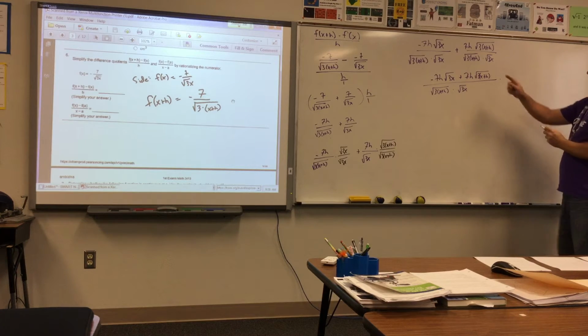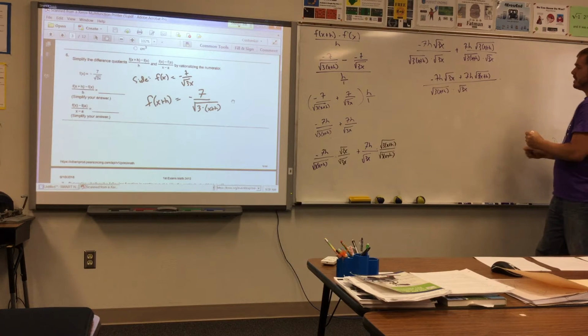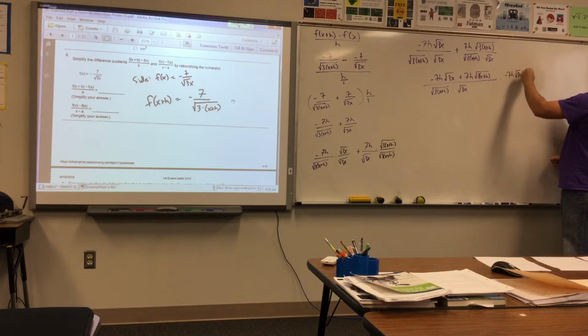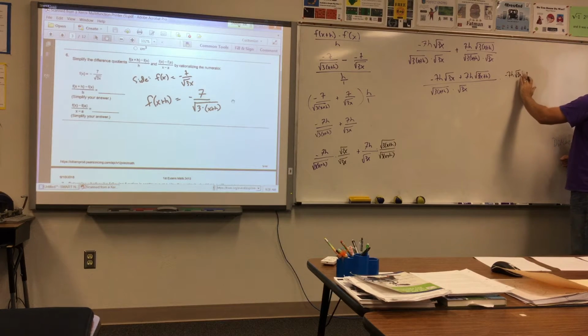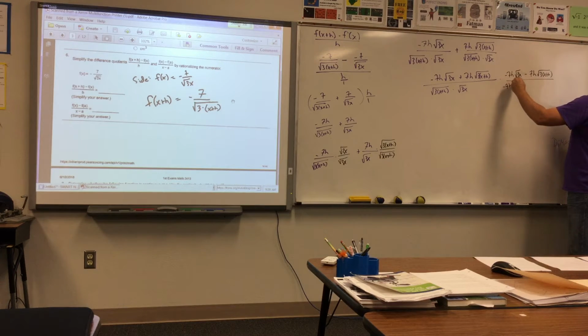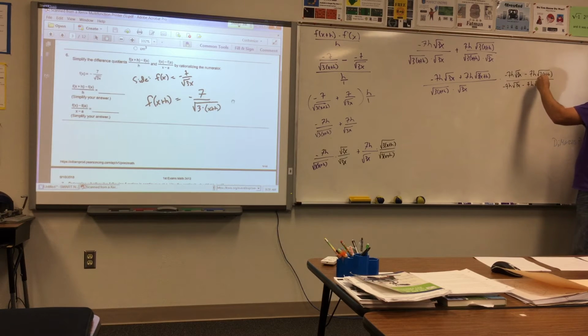So I'm going to multiply this by negative 7h square root of 3x minus 7h square root of 3x plus h, all over negative 7h square root 3x minus 7h square root 3x plus h.